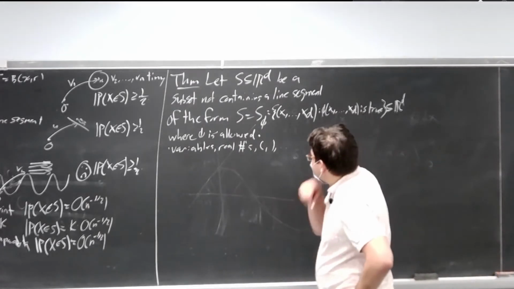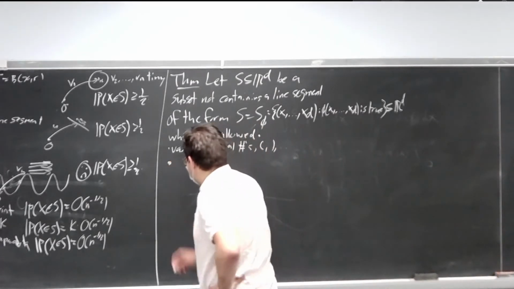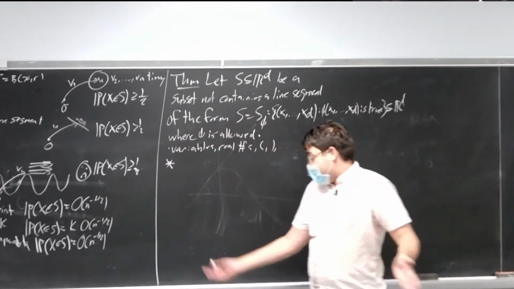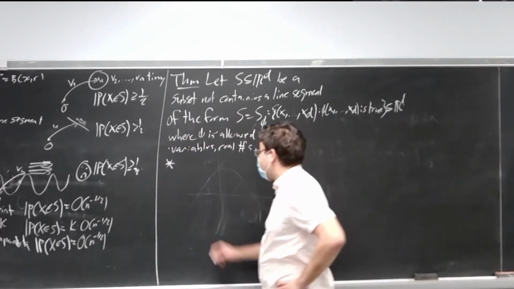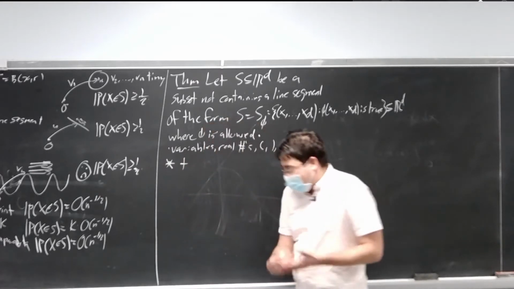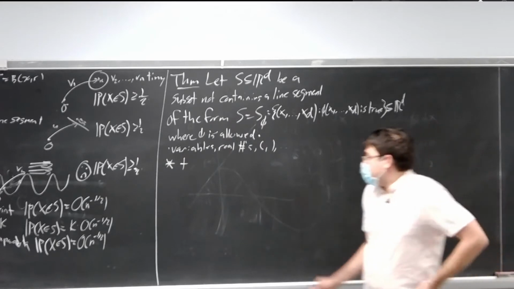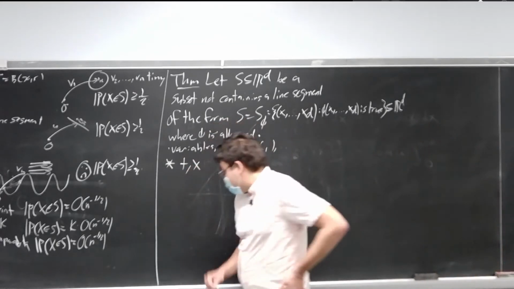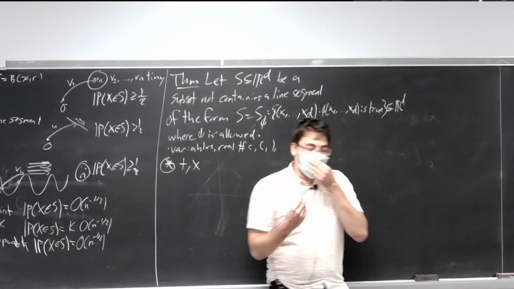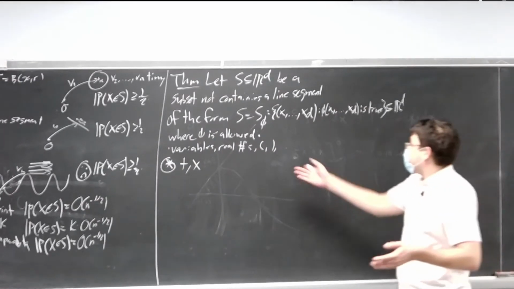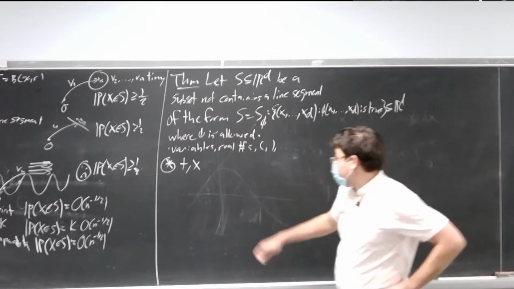Not a very interesting thing. So let's give you some operations to combine them so you can write down something like y equals x squared. So I want to be able to write down linear things, so I'll give you plus. You can now write down 2x plus 3y. And I'll give you times. So you can now write down polynomials. I don't have anything that evaluates true or false yet, but I can write down a polynomial.